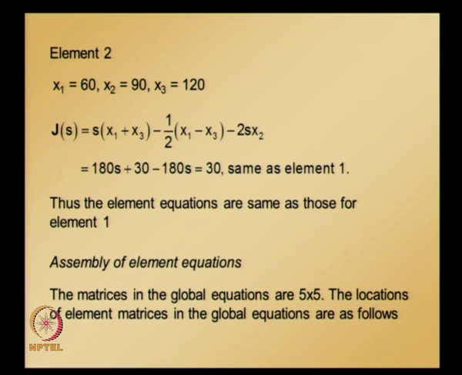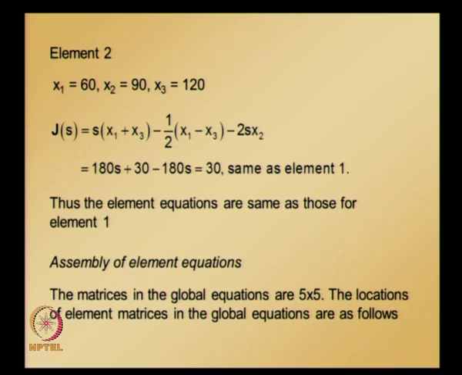Only thing is we need to note that there are 5 nodes in this problem based on the discretization that we adopted, 2 quadratic elements, total 5 nodes. So the global equation system is going to be 5 by 5.